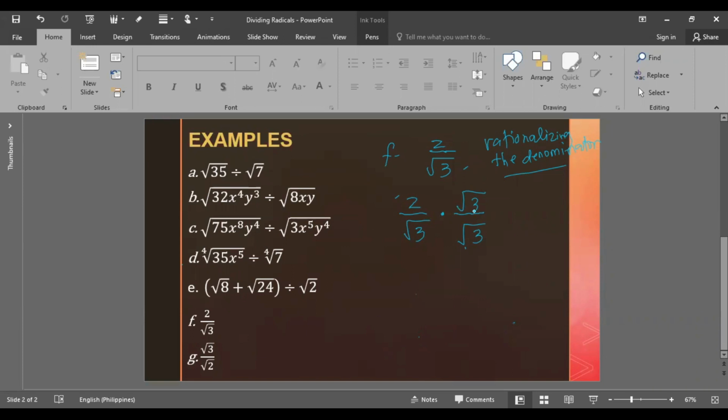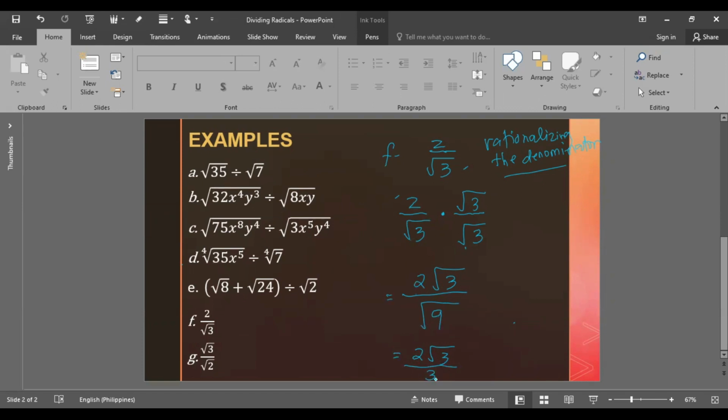2 times the square root of 3 is simply 2 the square root of 3 over the square root of 3 times the square root of 3 is the square root of 9. Then again, 9 has a square root, so the numerator cannot be simplified anymore, so just copy 2 the square root of 3, while the denominator can be simplified by getting the square root of 9 which is 3.